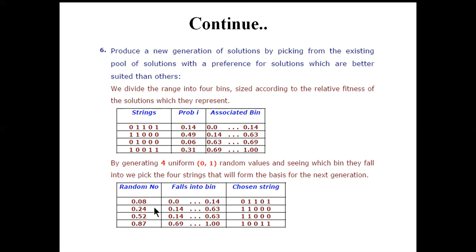So the second solution has been selected; it has a better chance of selection. If we choose a random number like 0.24, it will fall into this. Suppose the next one is 0.08. If we choose the random number 0.08, obviously it will fall into the first part, so the chosen string will be 01101.